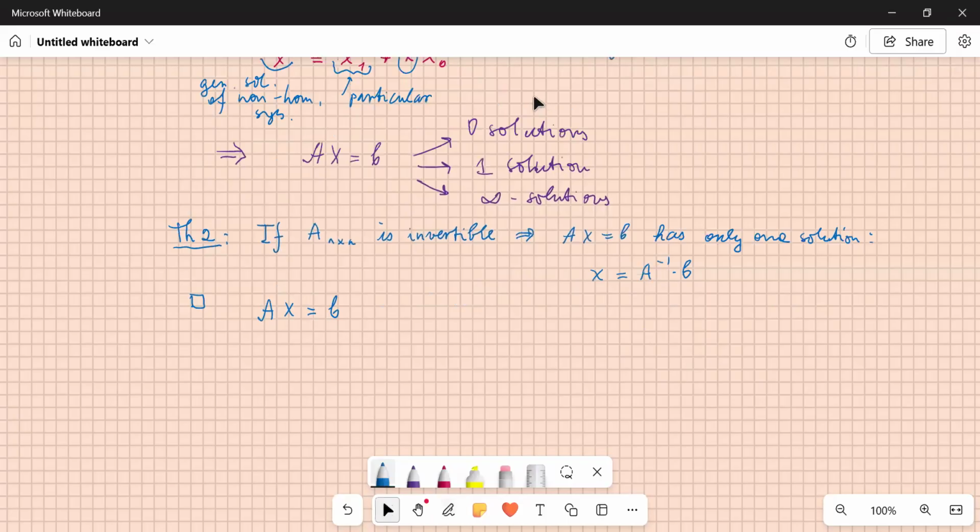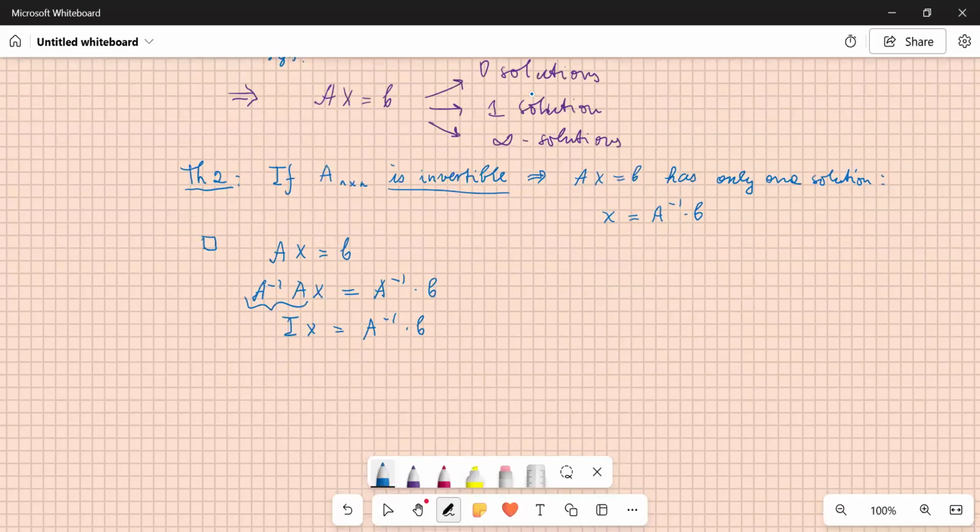Now I'm going to multiply this equation by A inverse on the right. How do I know that there is an A inverse? Because A is invertible. Now I know that A times A inverse is identity, and the right side is going to stay as it is.